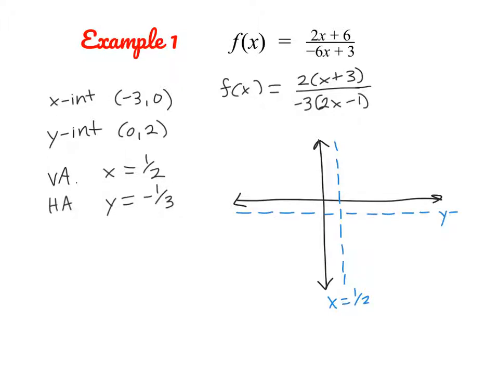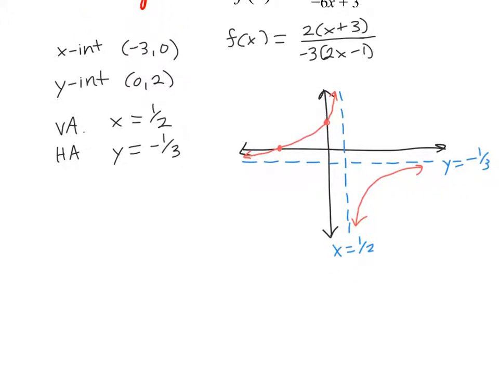We'll just label it y equals negative 1/3. My y-intercept is at 0, 2, so somewhere around here. My x-intercept is at negative 3, 0. So I do have a graph that looks something like this, which means the other portion will be in this quadrant.